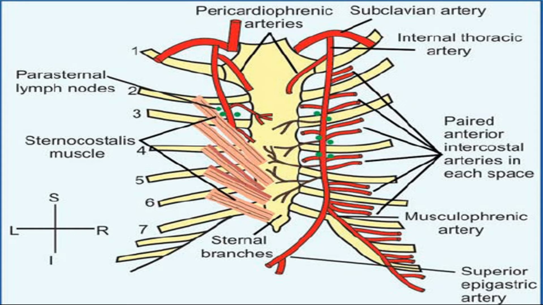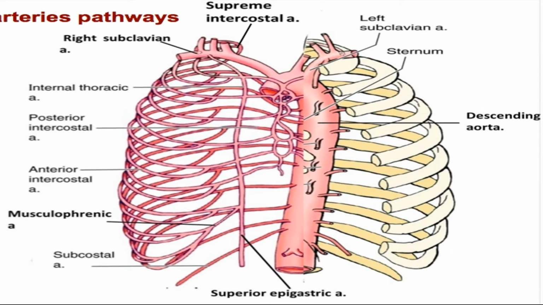Let's jump to the posterior intercostal arteries. The first two posterior intercostal arteries are branches of the superior intercostal artery, also called the supreme intercostal artery. The superior intercostal artery is a branch of the subclavian artery.